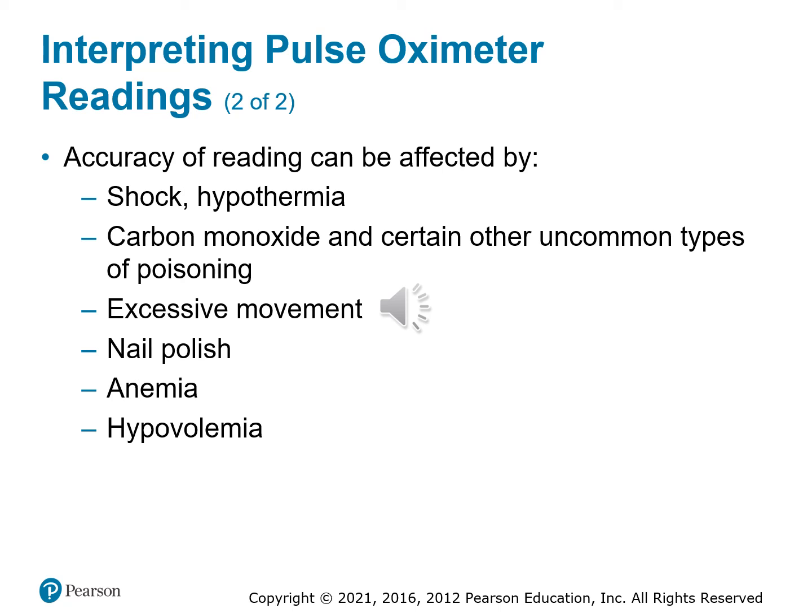It's a beam of light that comes out of that sensor, so if the patient's moving around and jostling that, you might not get an accurate reading. If the patient's wearing especially those acrylic fingernails, that's going to affect the reading. And then really any medical condition that affects the blood flow to the extremities is going to skew what that number is going to be, to the point where you might not even get a reading.